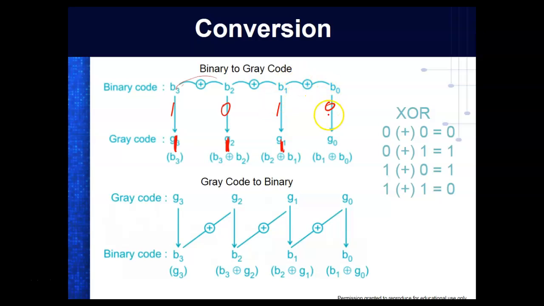Then we take this one and exclusive OR with that one. This is a 0, sorry, so with exclusive OR that would get a 1, and that would be the code. It has nothing to do with the weight. And then when we come back, we would go back the other way.